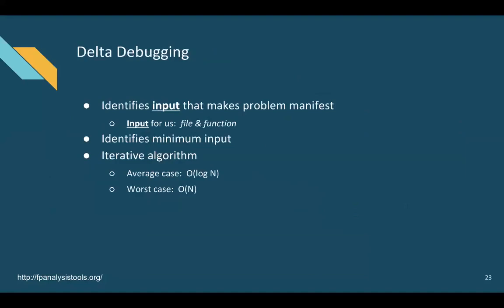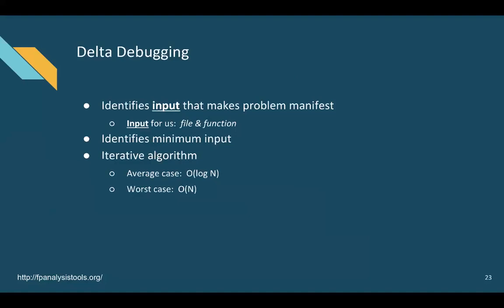To analyze this problem, we use an algorithm called delta debugging, which is widely used in debugging. It is used in debugging compilers and in many other software code bases. In particular, we use delta debugging to identify the file and function that causes the problem. This algorithm identifies inputs that make the problem manifest.